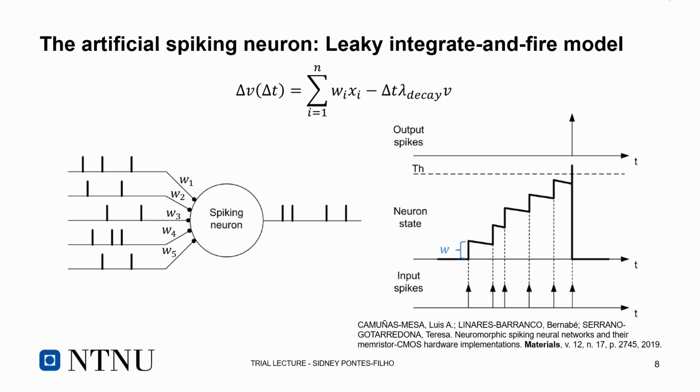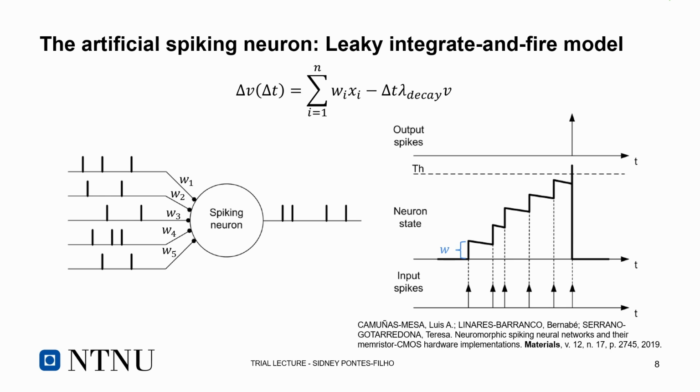And at the top is the formula. We have delta V, the change in the membrane potential in a certain time step, delta T. And we have the inputs, this multiplication of the weight with the input. Normally speaking, the input is 0 or 1, just these two numbers. The weight defines the change of the neuron state.